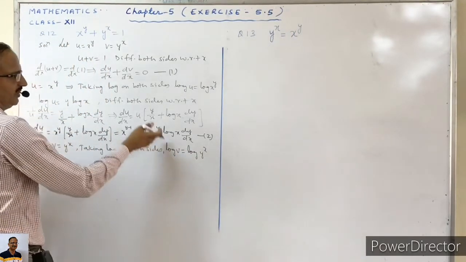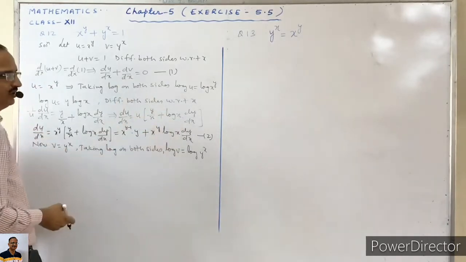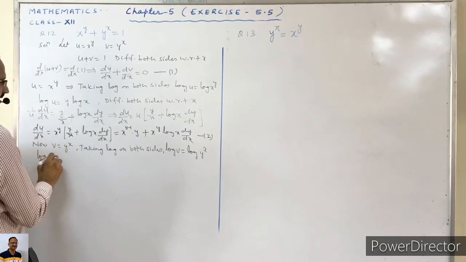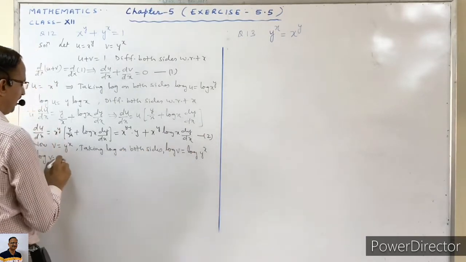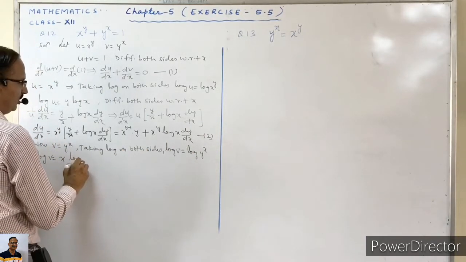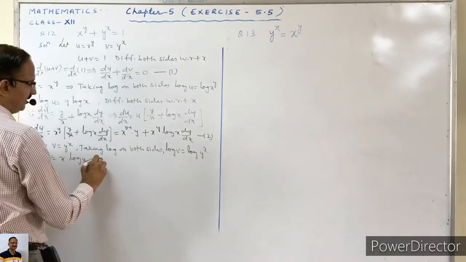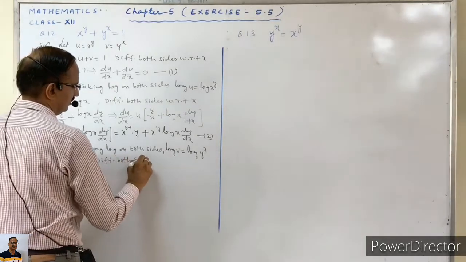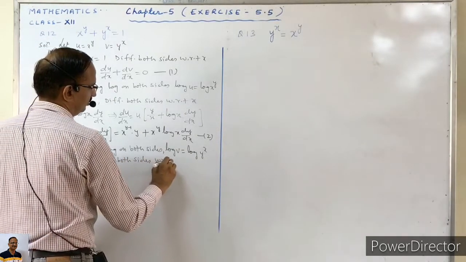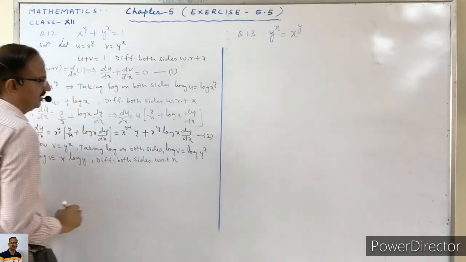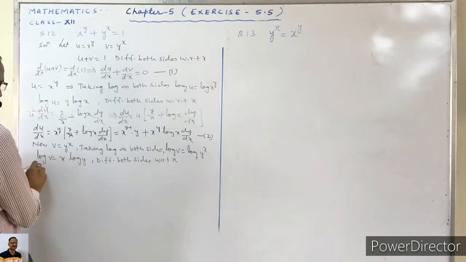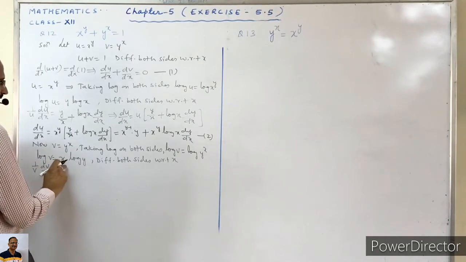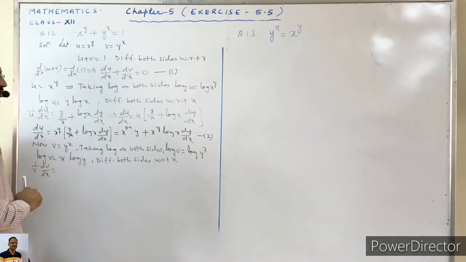Now by the same method that we have used for u, this log v is as it is, and this can be written as x log y. Now differentiating both sides with respect to x, then we will get this is 1 by v dv by dx. On right hand side we will use product rule.